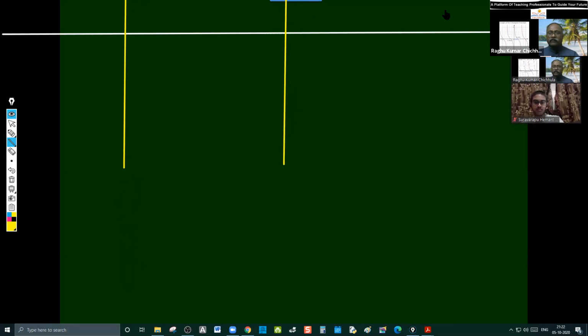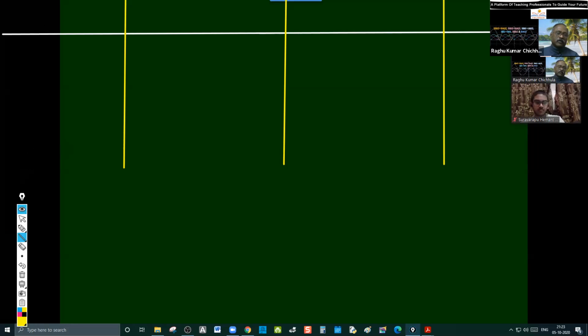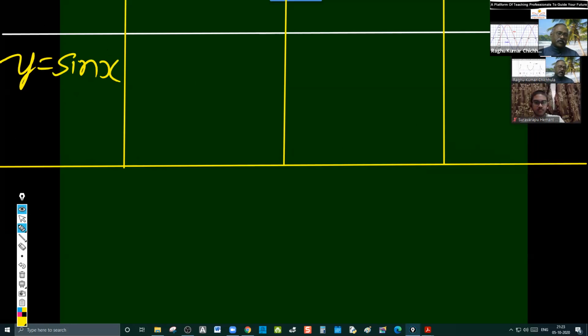I'll be writing domain here. I'll be writing the range here. Just understand carefully. That is, first function, y is equal to sine x. And second function is y is equal to cos x.